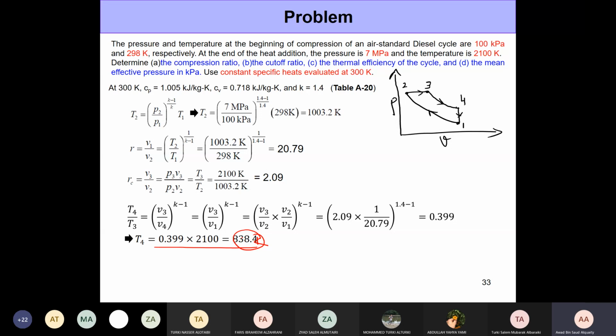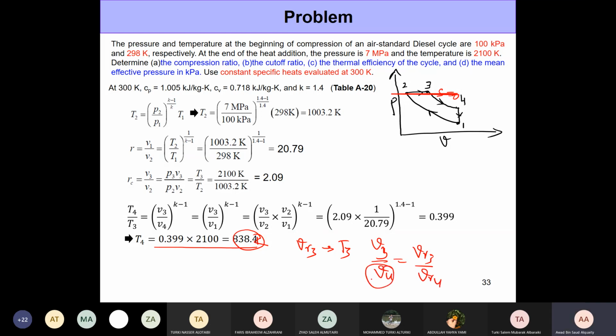So let me ask you a question then. 3 to 4 is an isentropic process, right? And when I'm trying to determine the ratio V3 by V4, how about I use VR3 because I know T3 already, and then set the ratio V3 by V4 equal to VR3 by VR4.